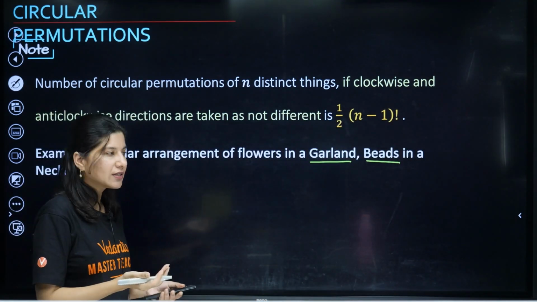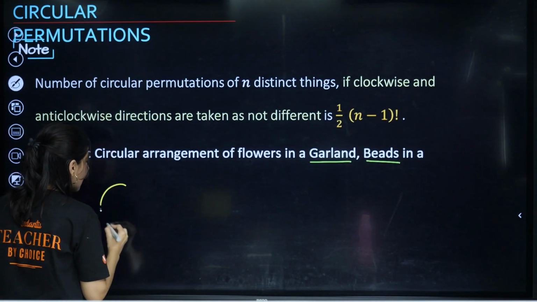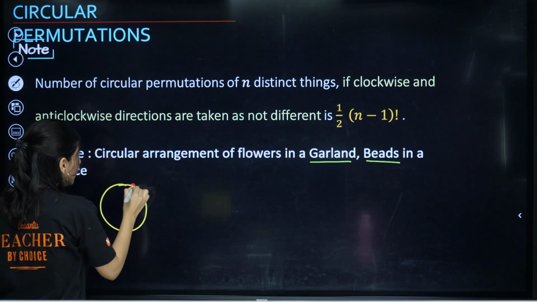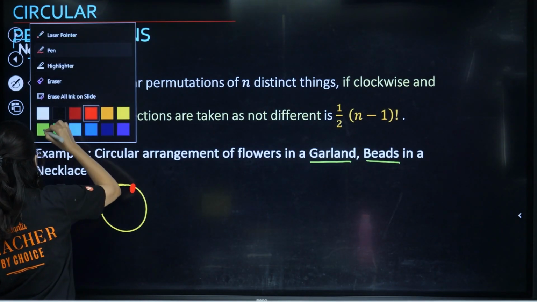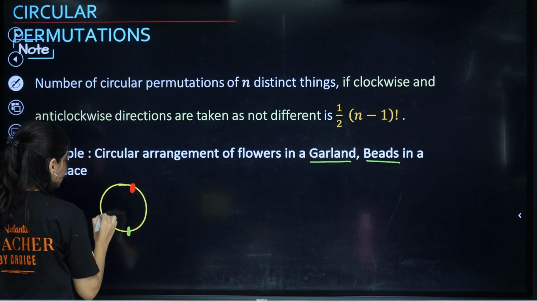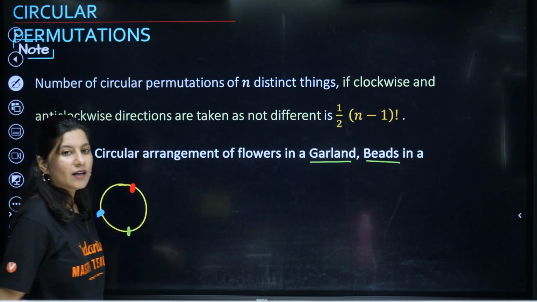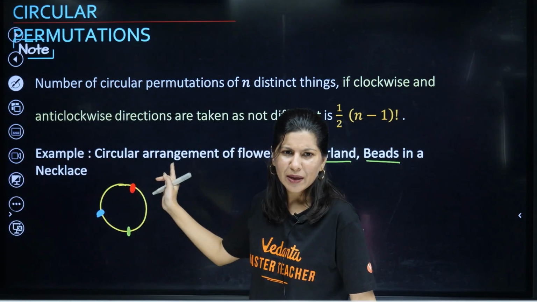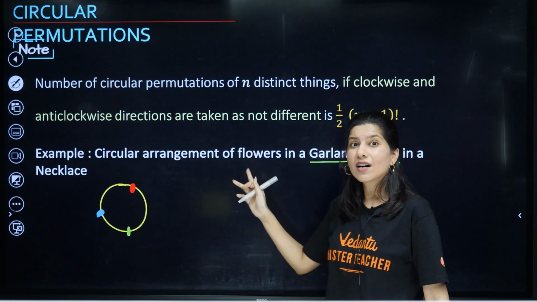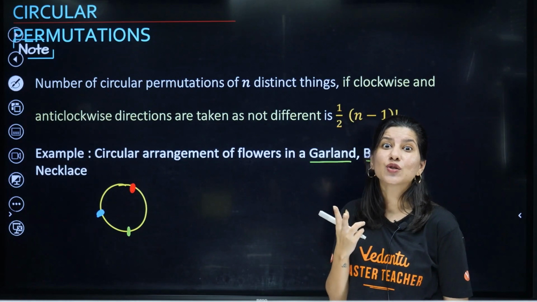Let us take an example. You have a garland which has 3 colors: red, green and blue. Let's say 3 flowers. 3 flowers in a circular arrangement can be arranged in 2 factorial ways, that means 2 ways.